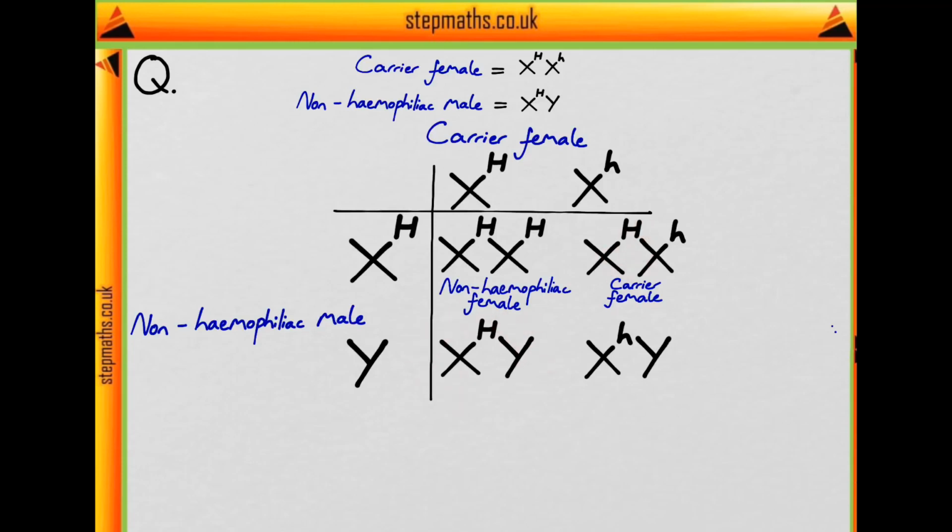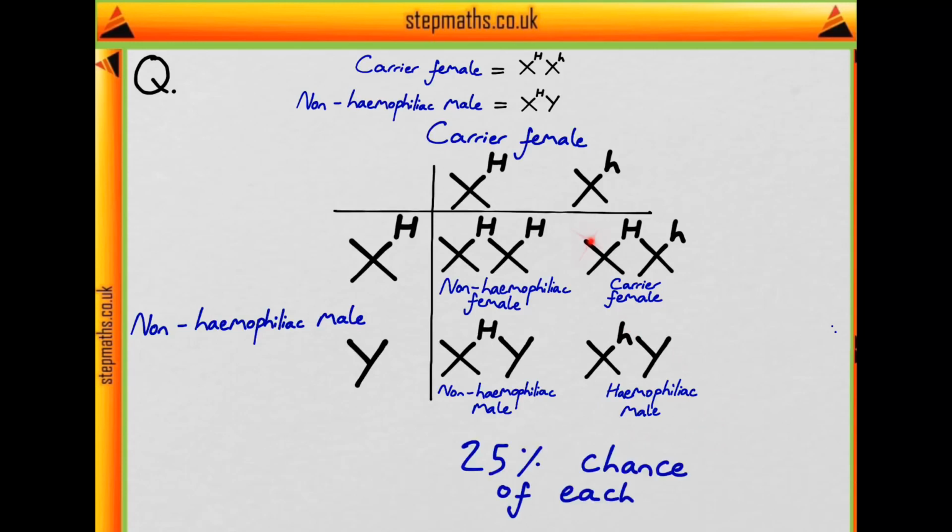Next, what do you think the phenotype of this individual is? It's a non-haemophiliac male, as it's XY, but he lacks this recessive allele and therefore does not have the condition. And finally, the last individual is a haemophiliac male. And as they all occur in equal proportions, and there's 4 of them, there's a 25% chance of each of these genotypes, and therefore of each of these phenotypes.